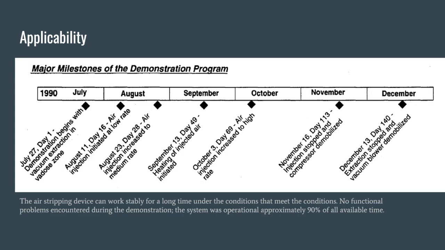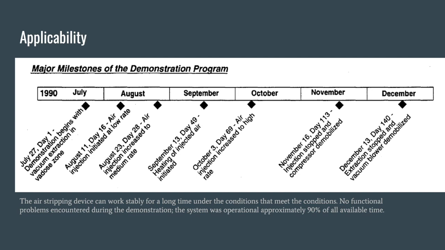The second advantage of air stripping technology is reliability and availability during the lifespan. The air stripping device can work stably for a long time when the water meets the conditions. No functional problem was encountered during the demonstration.